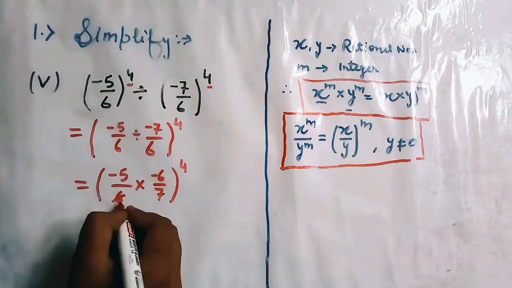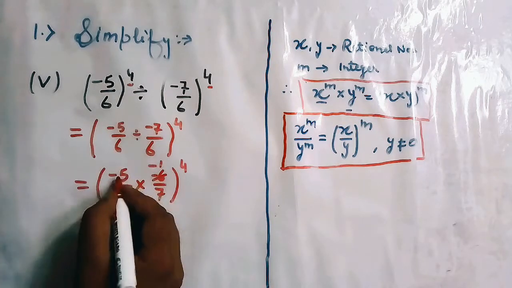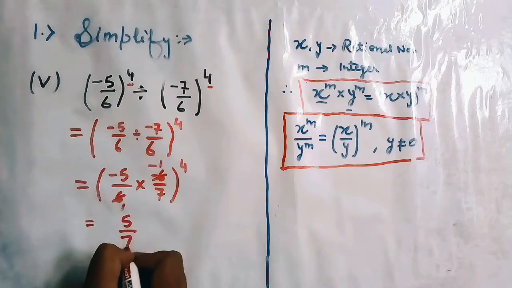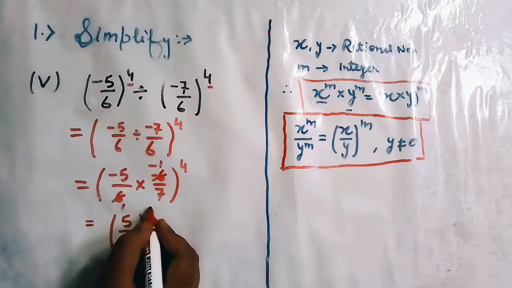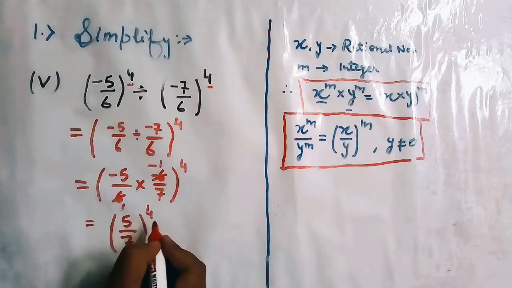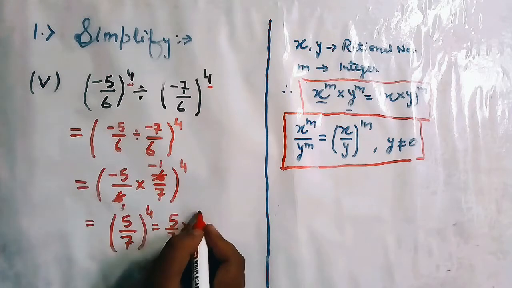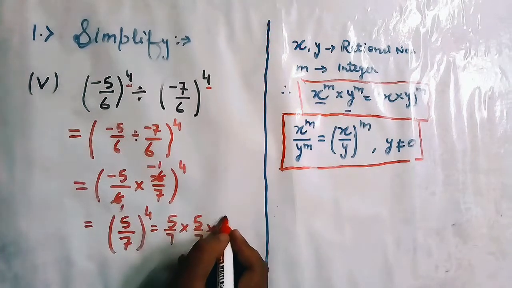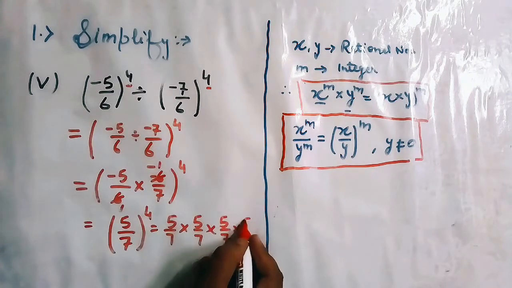6 ones are 6, minus 1. Now simplify, minus 5 into minus 1 is 5 upon 7 ones are 7, whole raised to power 4. Multiply it 4 times, 5 upon 7 multiply by 5 upon 7 multiply by 5 upon 7 multiply by 5 upon 7.